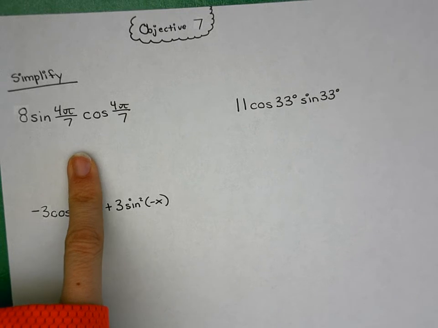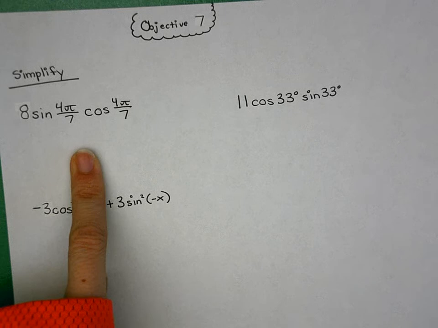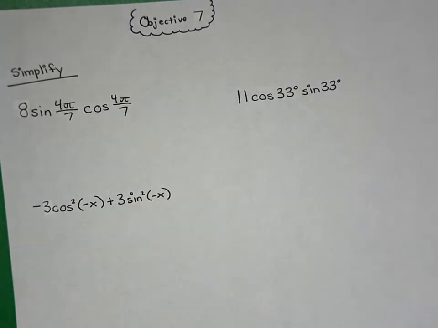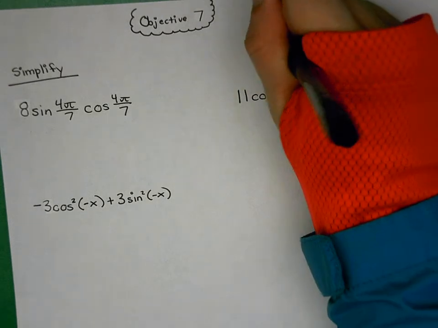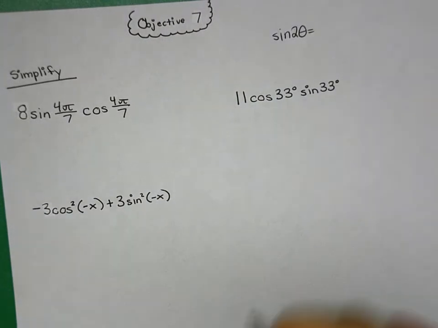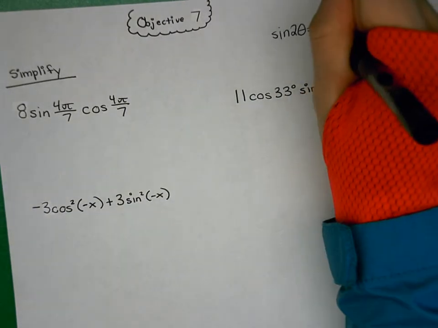Okay, so for this first one, determining what our formula is going to be. In this particular case, this one is our sine double angle formula. So the sine double angle formula again, sine of 2 theta equals 2 sine theta cosine theta.